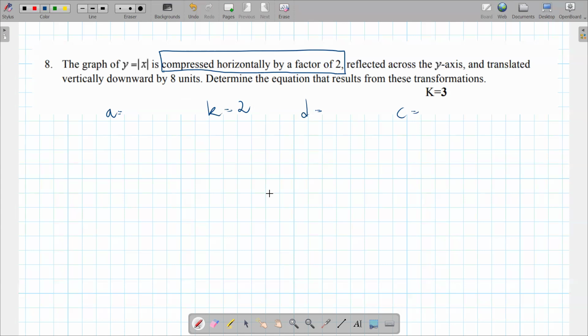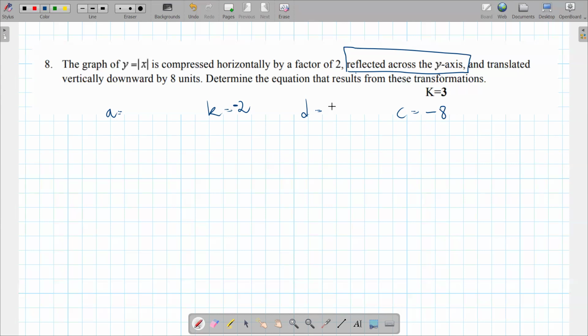Reflected across the y-axis. What about the next part? What does this mean? K is negative. Yes, K is negative. And translated vertically downwards by 8 units. What is that? C is -8, yes.